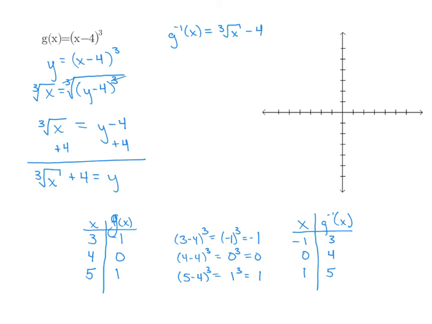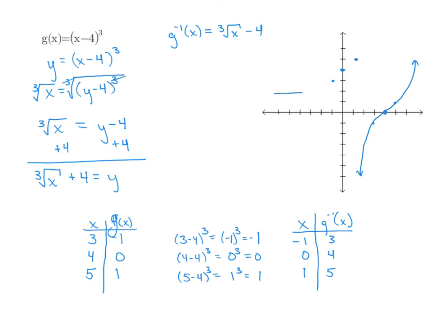Okay, so now if we go ahead and graph our first one, we have 3, -1, 4, 0, and 5, 1. If I graph that, I do want it to be a snake shape, so it'll look something like this. If we graph our inverse function, we get -1, 3, 0, 4, and 1, 5.